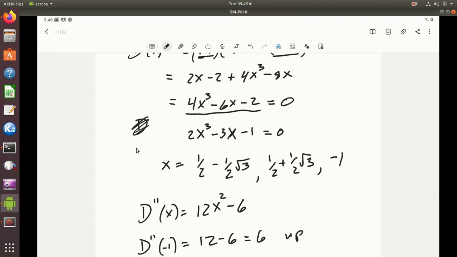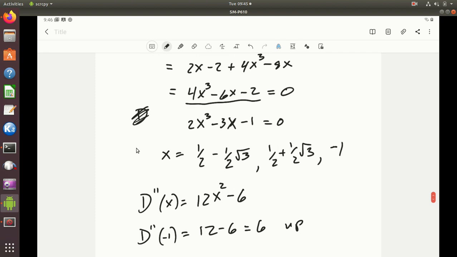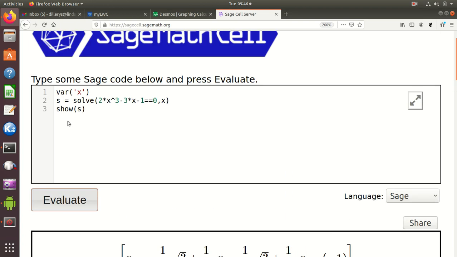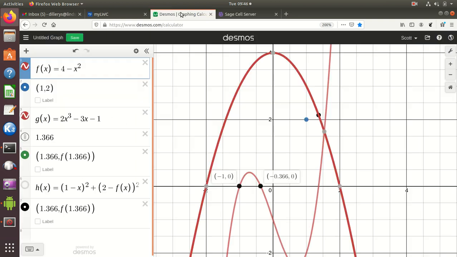Okay, did I fix everything I was supposed to fix? I believe I did. Let's go back to Desmos. Okay, here I solved that. Here's Desmos. So you see, I can get confused and kind of wonder what's going on here too.